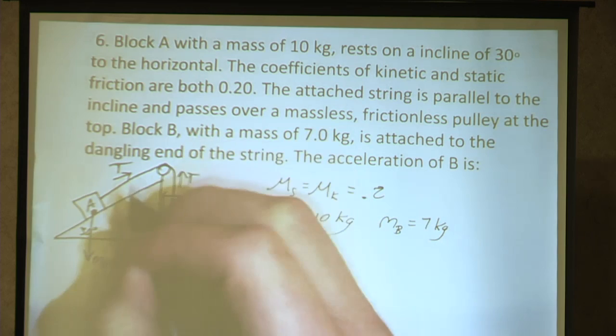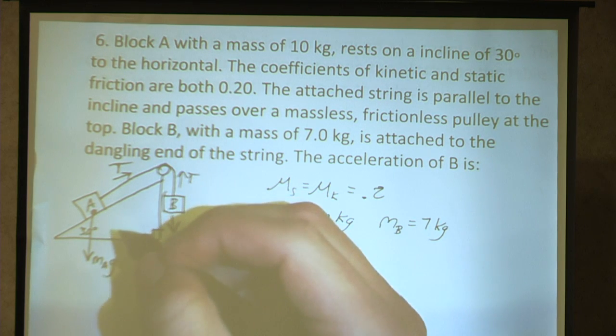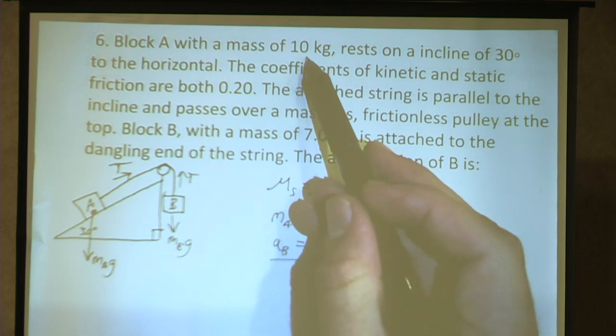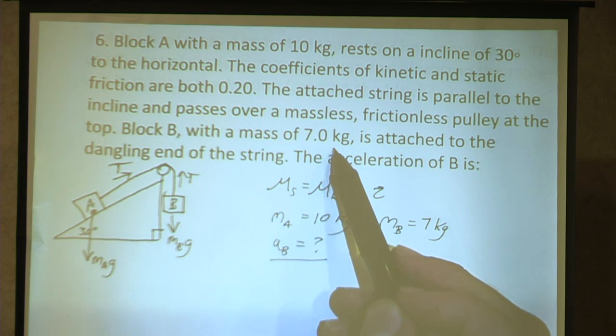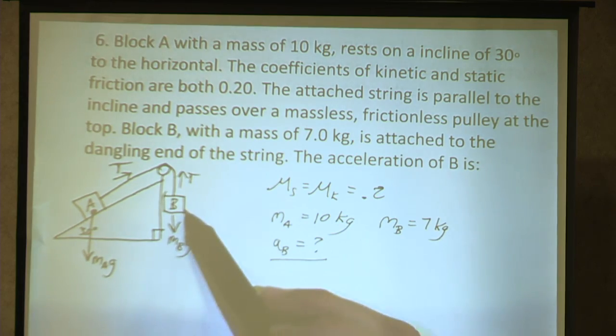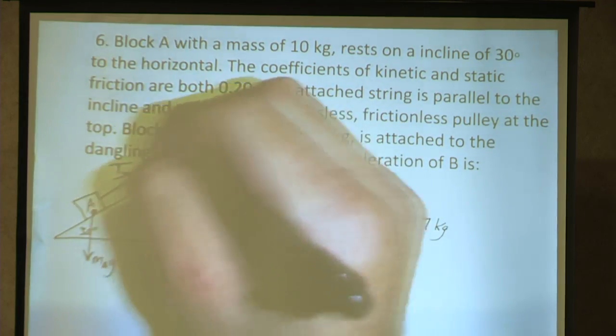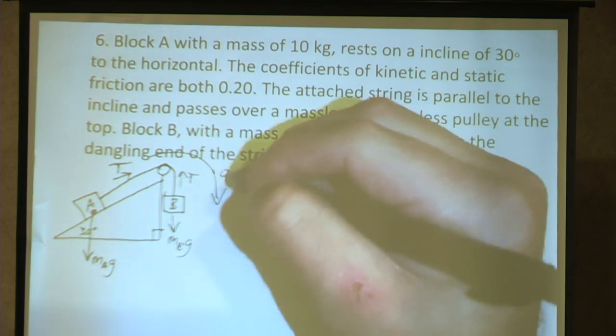Friction opposes the direction that you expect it to go. Because 10 kilograms is greater than 7 kilograms, what way do I expect this to go? Because this is going directly down, I expect the overall system will go this way.